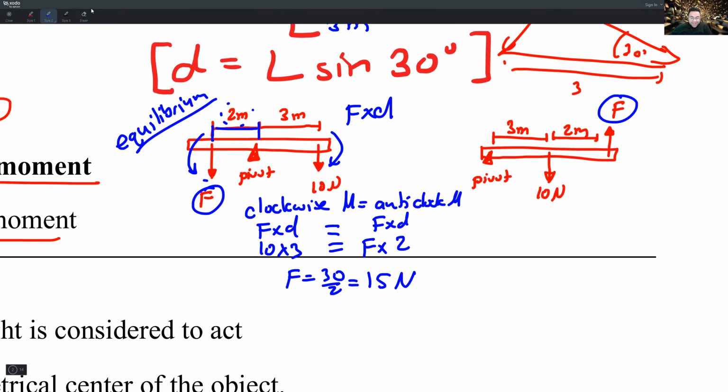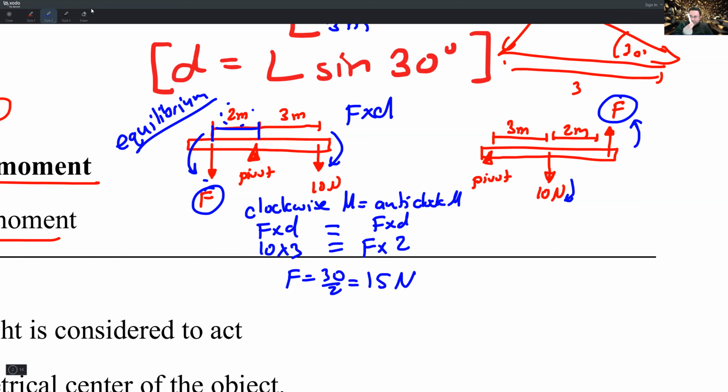This time the 10 is also clockwise because it's on the right. And this one is also on the right, but it's pushing up, so this rotates anti-clockwise. Now someone might say, Mr., I have a problem. I can't tell exactly whether this force is clockwise or anti-clockwise. I can't tell mentally; I look at the paper and don't know if this is clock or anti-clock. What do I do? Here's what you do.